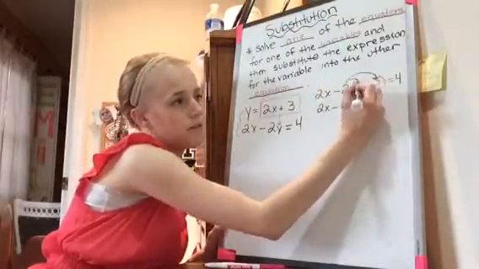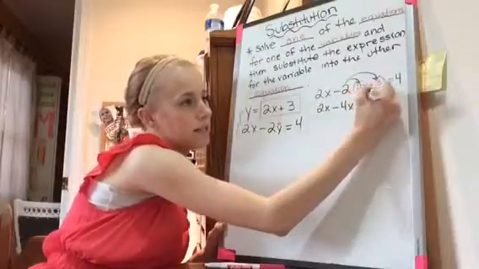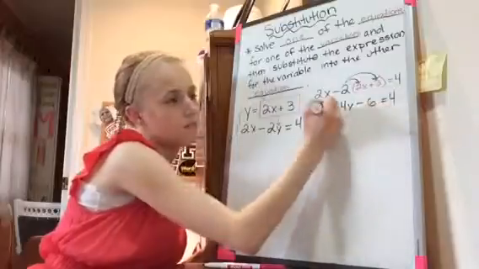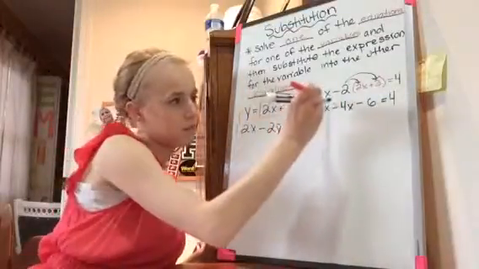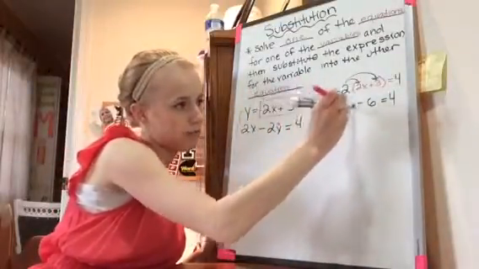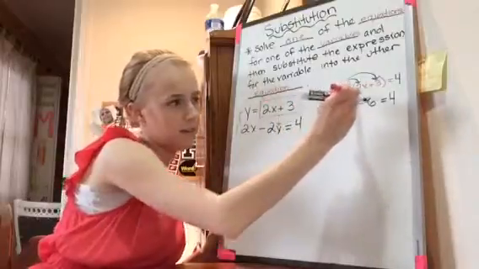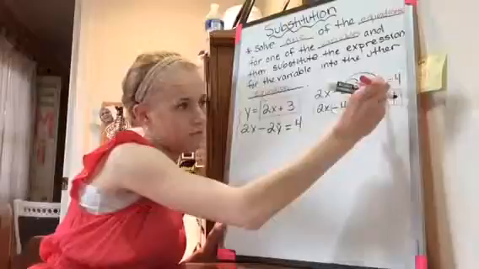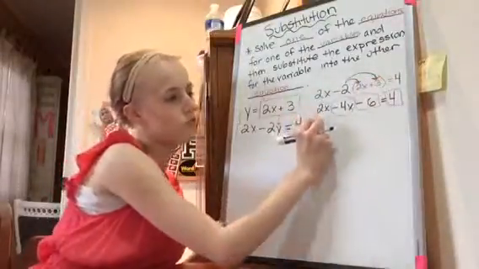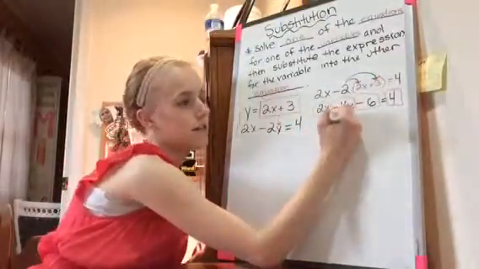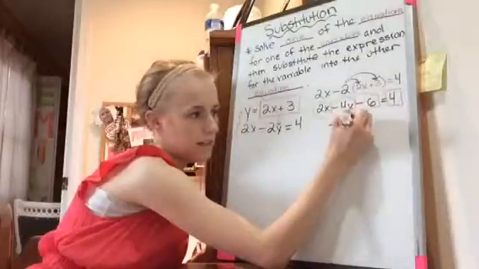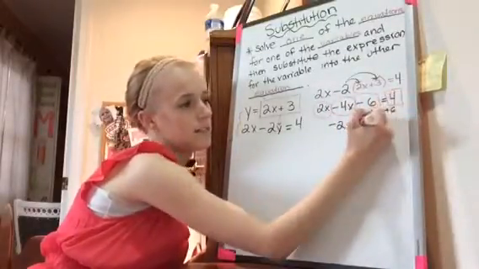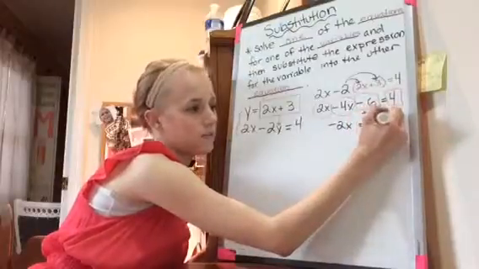Negative 2 times 3 is minus 6 equals 4. I'm going to combine my like terms, which are, I have 2 x's. Remember, we take it in front. And then I have a 6 and I have a 4. So 2x minus 4x is negative 2x. And then if I add my 6 to both sides, I get 10 on this side.